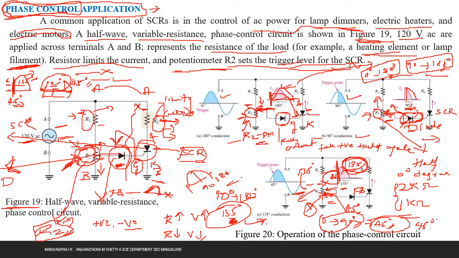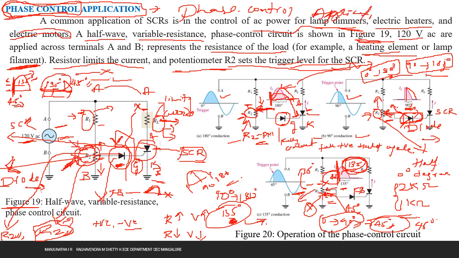This is a diode, and at what time the diode is going to conduct will be decided by the position of the resistance at the potentiometer R2. This is the final conclusion, the final topic of this module 2, phase control application.